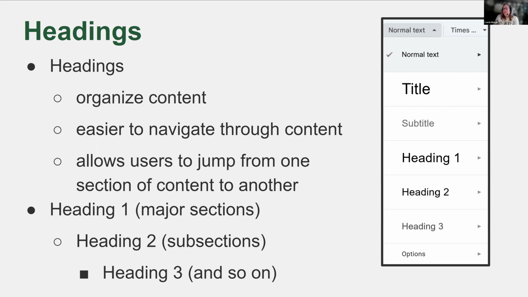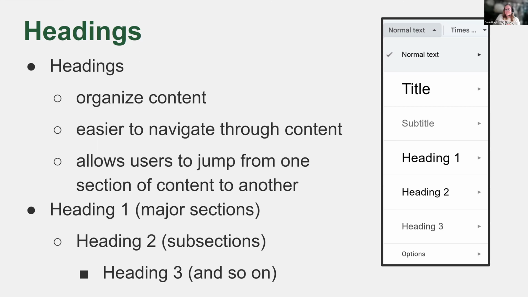So when we're looking at headings, we're trying to allow the screen reader to easily navigate through the content. If we do this thing called setting up the headings, it will allow the screen reader to jump from section to section within the document. So this is a big deal.